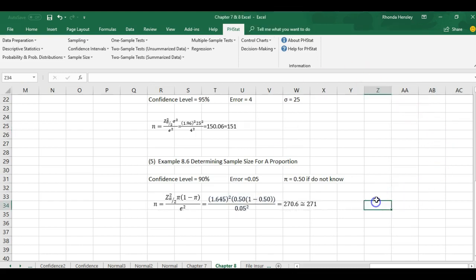There. Okay, I'm sorry, I found a mistake. My typing is not so good sometimes. If you really do not know what the proportion in the actual population is, use 50%. That gives you the largest sample size.